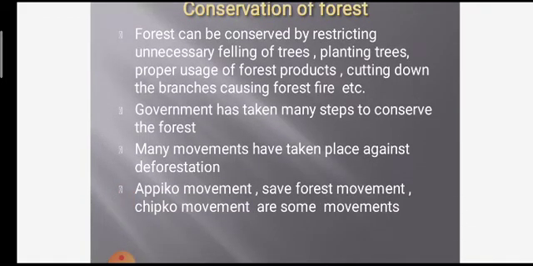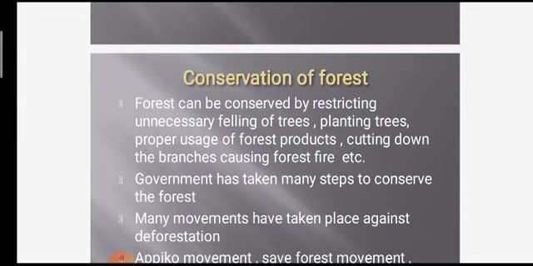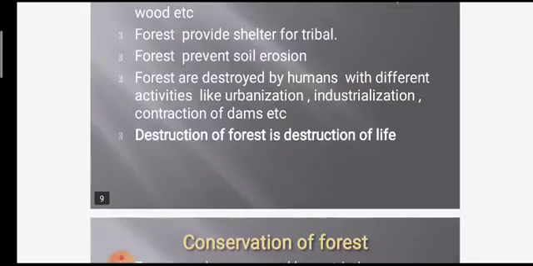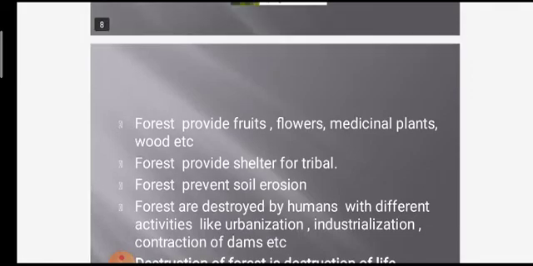So we need to conserve our forest, because the forest gives us a lot of things for our living activities. So you need to conserve this forest. Hope you understood this chapter. If any doubts are there, you can WhatsApp me. And see, I have explained to you only the renewable sources of energy.